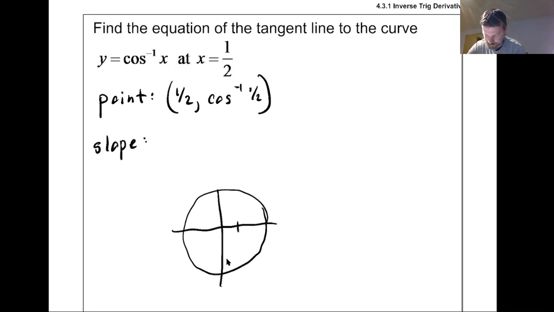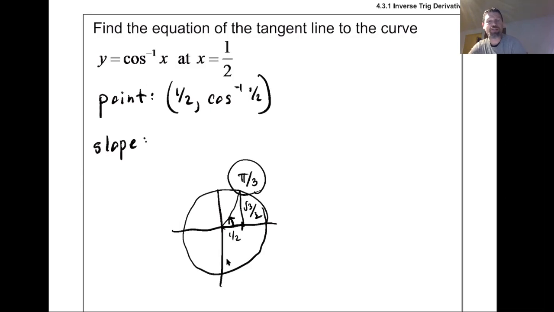So I'm looking for an x value of 1/2. So that would be on the unit circle right there. That's 1/2, and that's square root of 3 over 2. It's cosine inverse, that gives me the angle. So I got to remember what size angle that is. If you remember, that is a pi over 3 angle. So the cosine inverse of 1/2 is pi over 3.